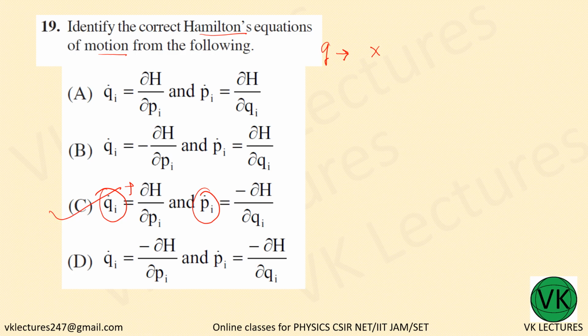So Q dot will be x dot, which is nothing but v. Just for comparison I am giving you these ideas. Now what is P? That is nothing but momentum mv, that is mx dot. And P dot is nothing but mx double dot.